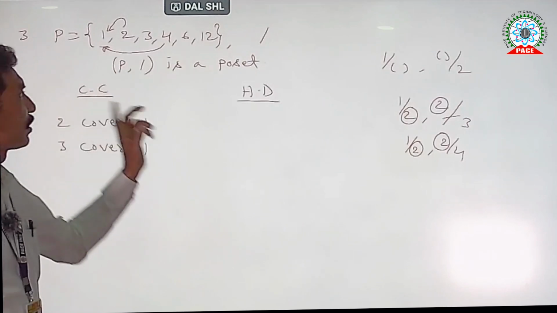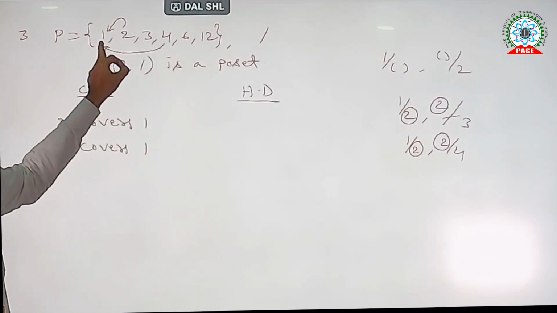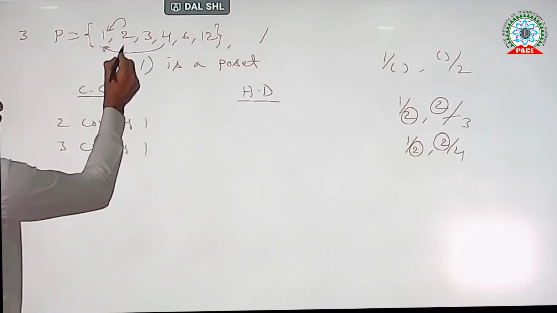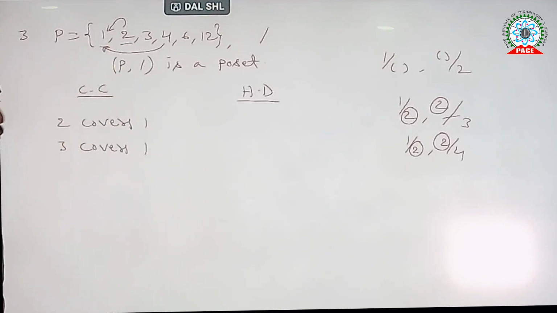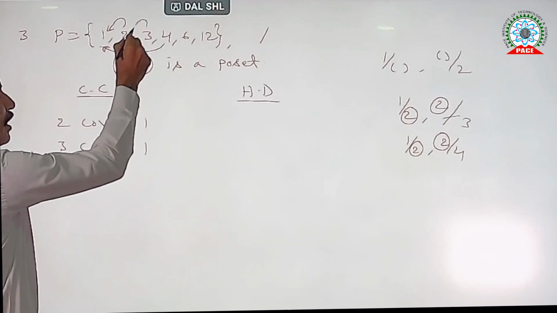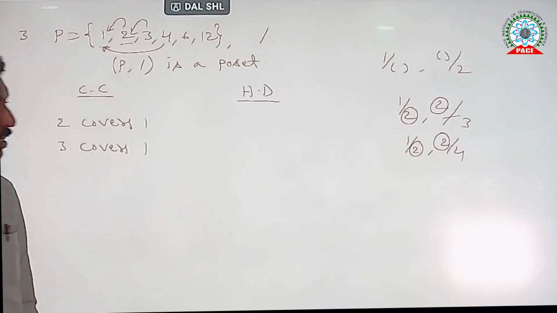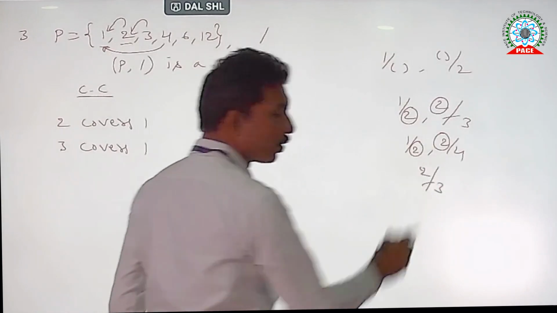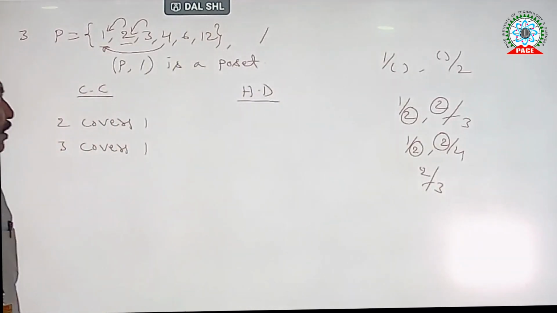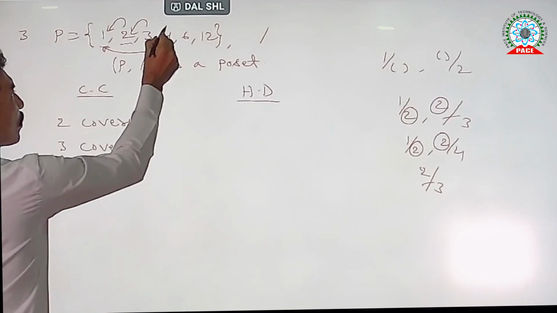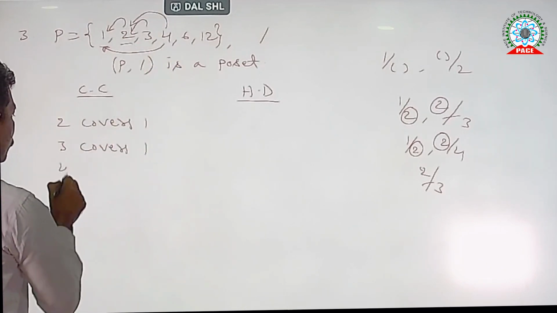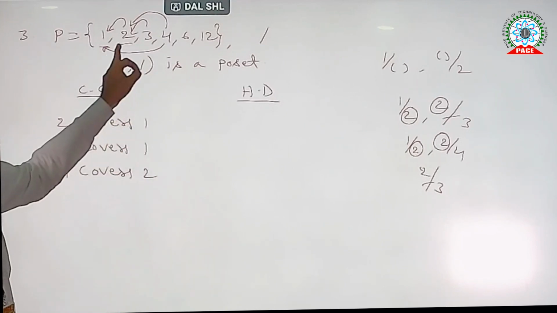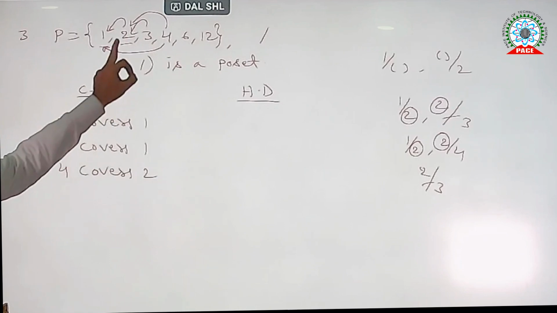Next, coming to 2. 3 does not cover 2, because the initial condition fails: 2 does not divide 3. Next, 4 covers 2, because 2 divides 4, and 2 does not divide 3 and 3 does not divide 4.